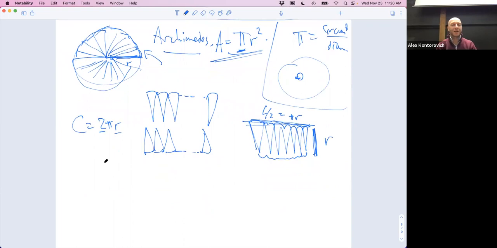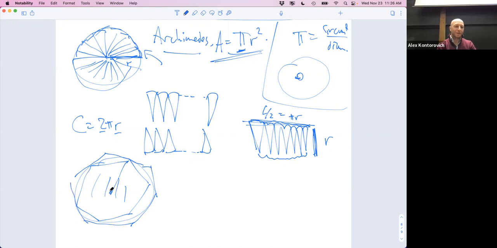Anyway, using the area formula, Archimedes managed to go much farther in our understanding of pi than anybody before, because what he started doing is inscribing things like hexagons. He knows how to compute the area of a hexagon with central radius 1, and he would circumscribe hexagons with side length 1, and that sandwiches what pi can be from above and from below.